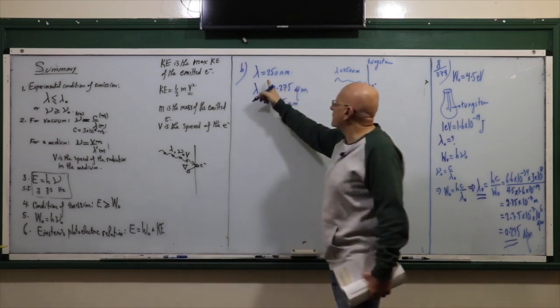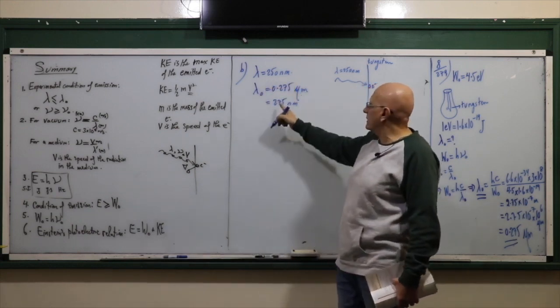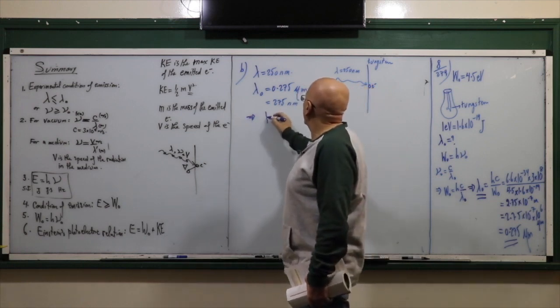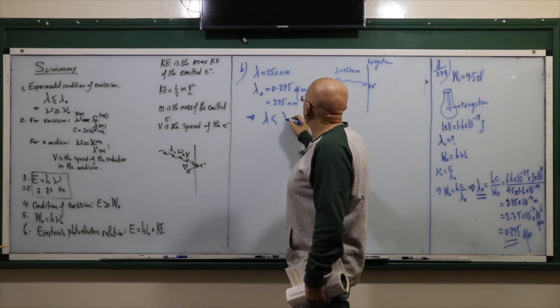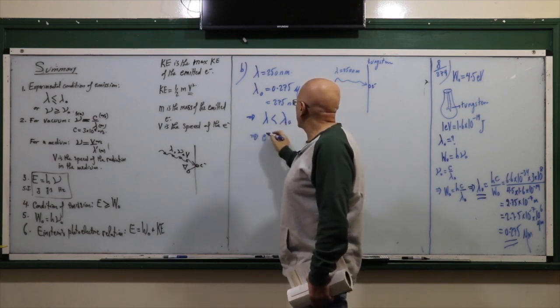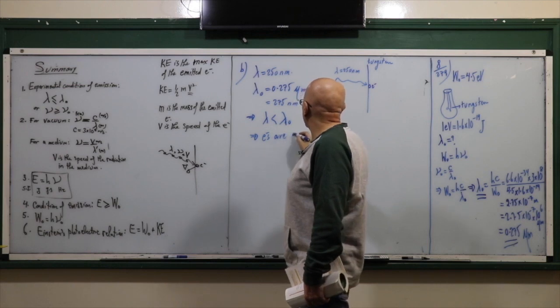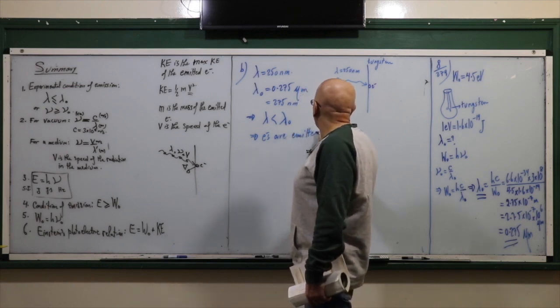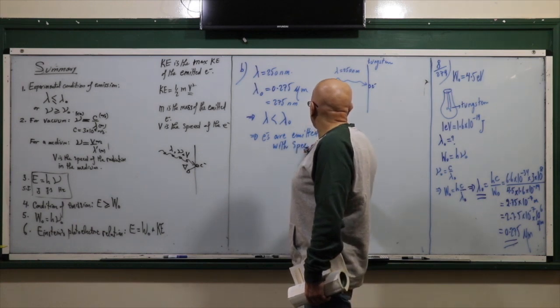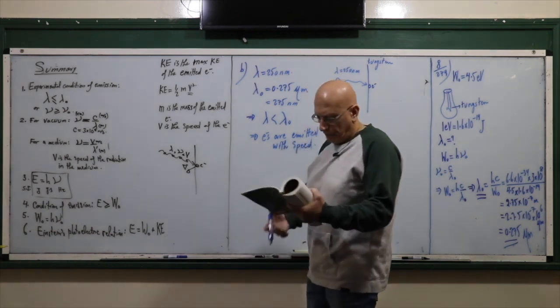You should either change this to micro or this to nano. As you see, lambda is smaller than lambda node. This implies electrons are emitted with a speed. Right.